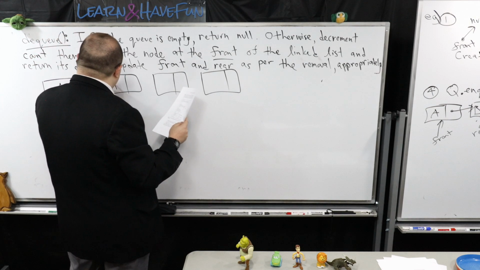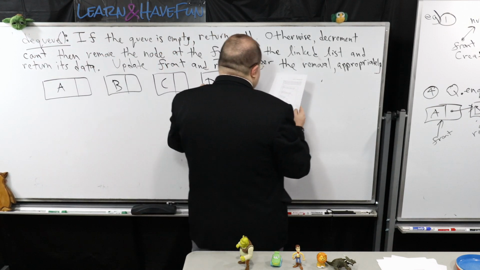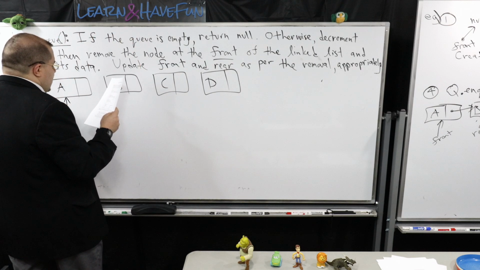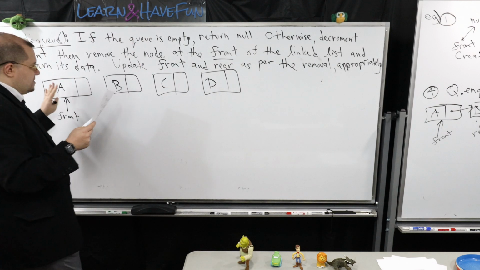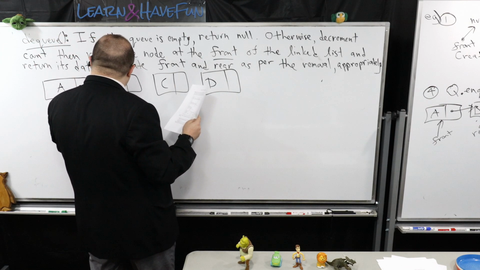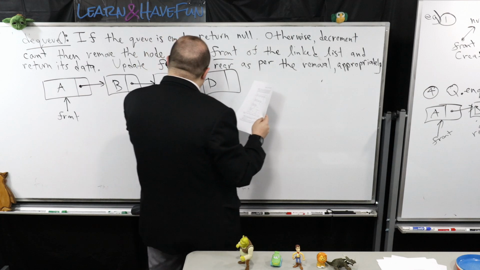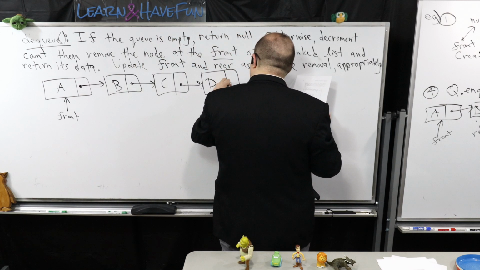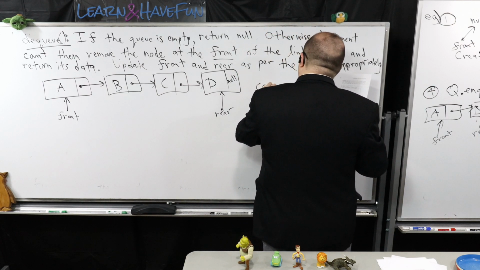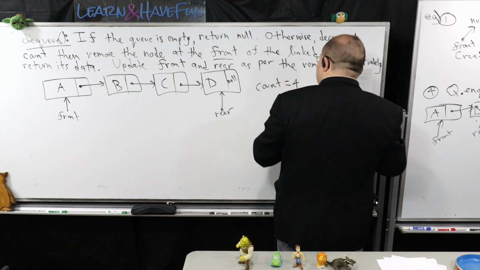I'm going to have A, B, C, and D. And just for the sake of time, I'm just going to perform it all explicitly on this linked list. So my count currently is 4, akin to the picture I showed you earlier.